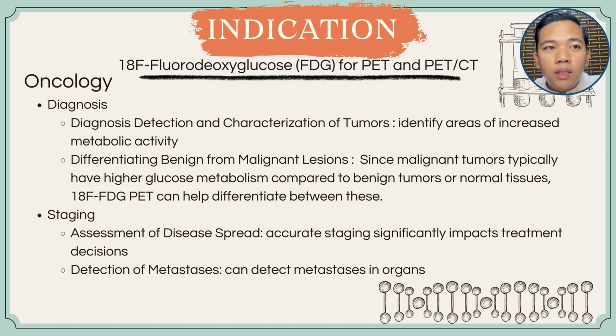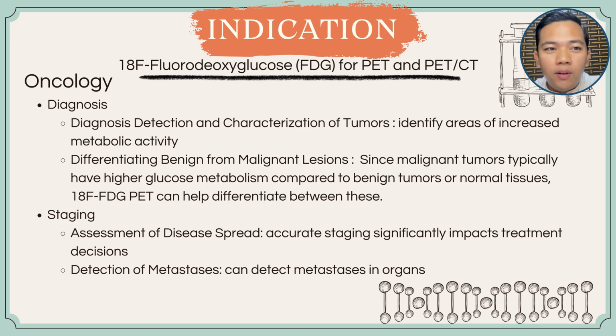So second is differentiating benign from malignant lesions. Since malignant tumor typically has higher glucose metabolism compared to benign tumor, FDG can help to differentiate between these.